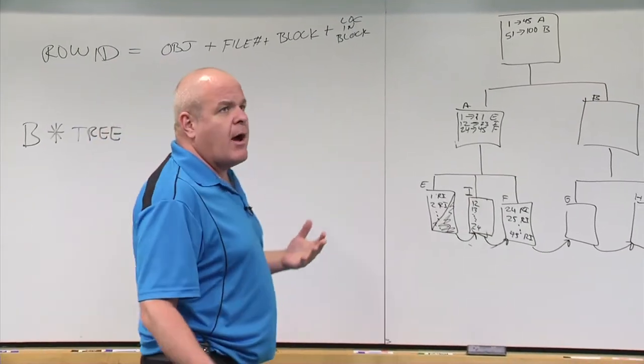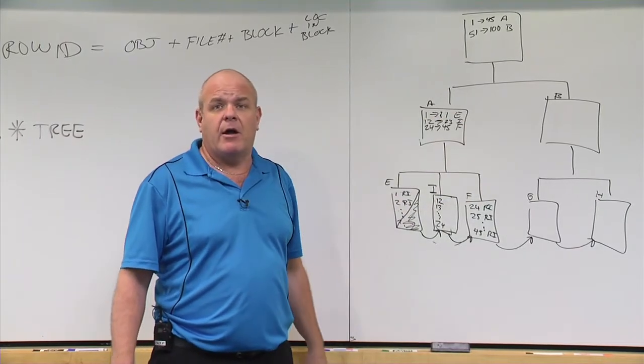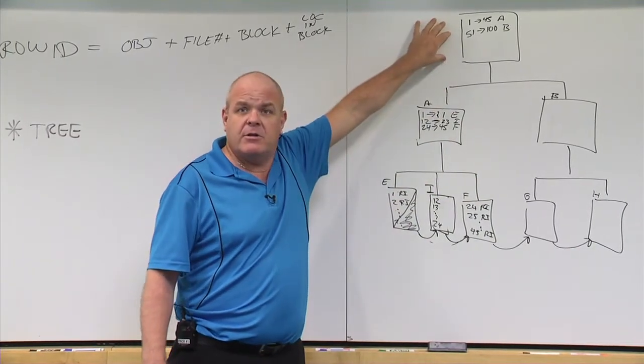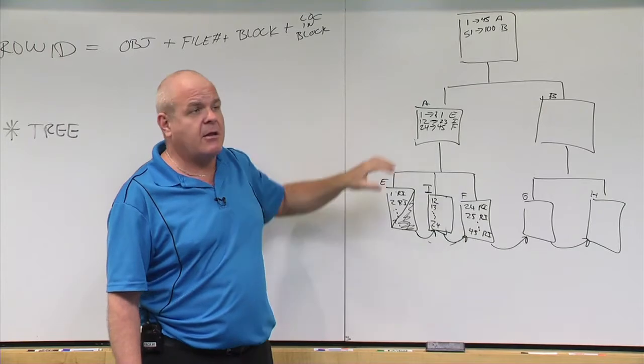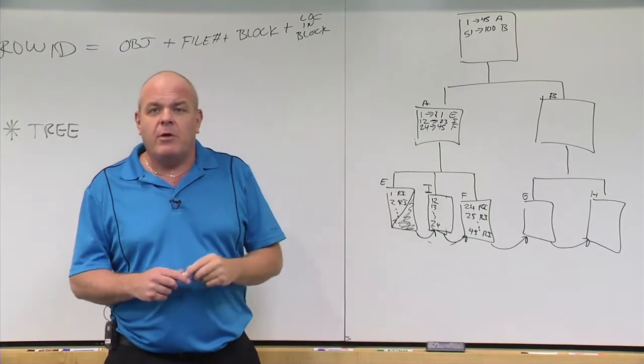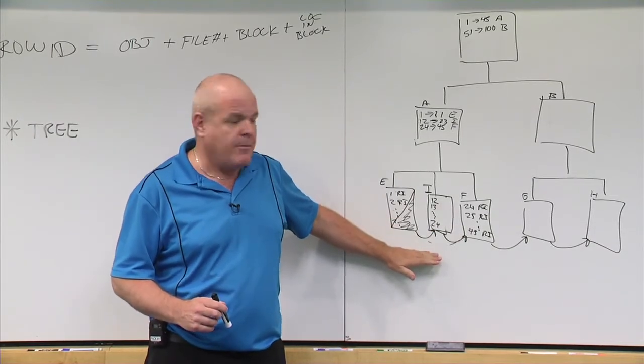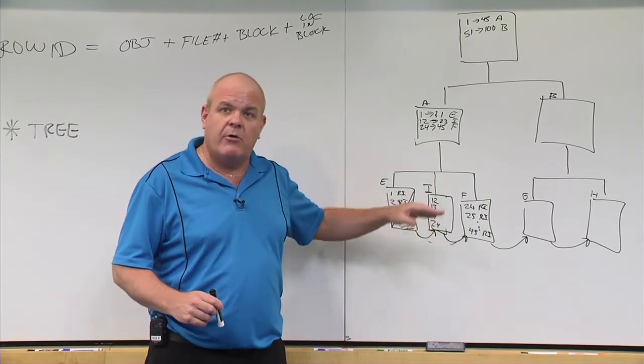So think about how big your key value is, and that will also affect your height, because the key value takes up data spots in the branch blocks as well as the leaf blocks. But when you really think about indices, just remember what I said. The leaves are where the money is at. The leaves are holding all the data.